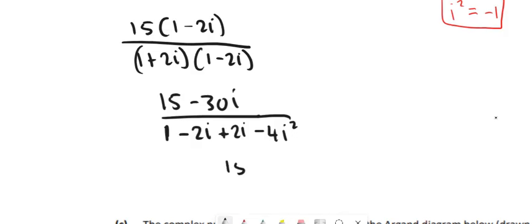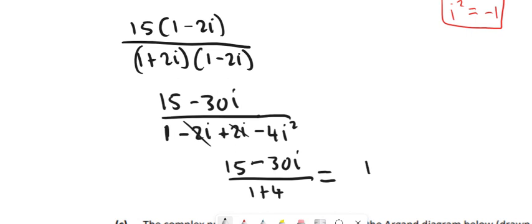So on the top we get 15 minus 30i. On the bottom, the two middle ones cancel out. That always happens when you rationalize the denominator. So I'll get 1 plus 4, because remember, the minus 4i squared turns into a positive 4 because i squared becomes minus 1.